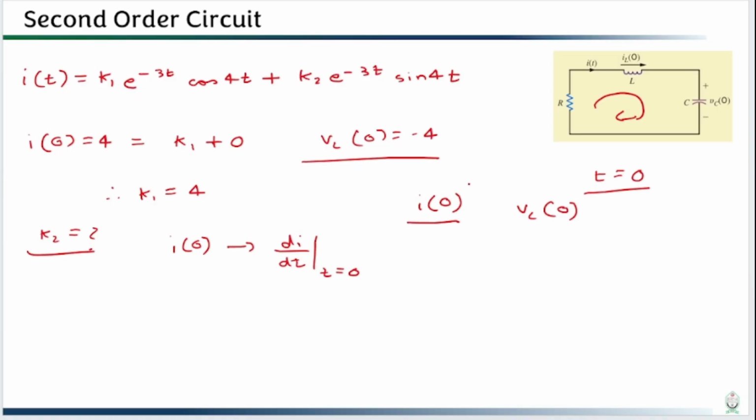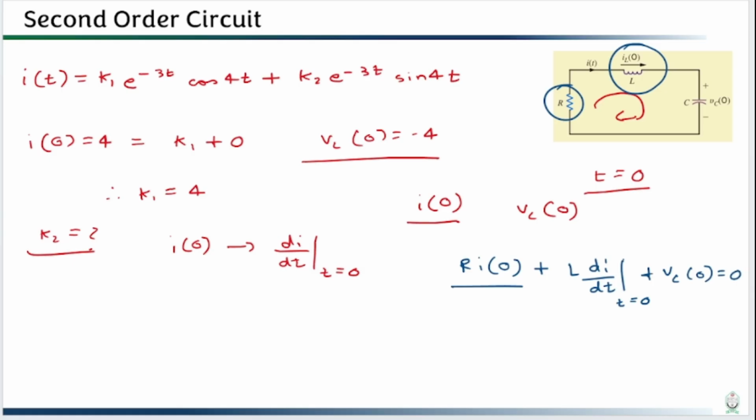If we apply the KVL at t equals 0, we will have one voltage drop across this resistor, and one voltage drop across this inductor, which will look like L di/dt, and Vc0.